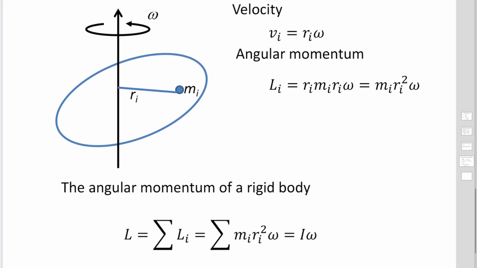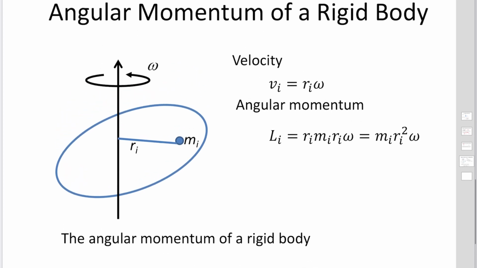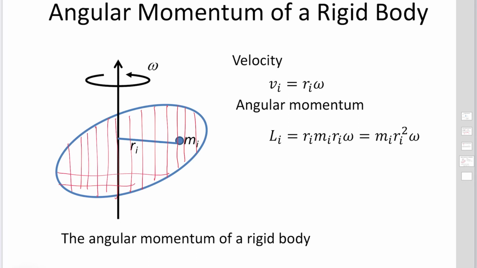Then finally, I'd like to explain the angular momentum of a rigid body. So we consider rotational motion of rigid bodies. Again, we divide a rigid body object into very small pieces. This is the standard method we use when we consider a rigid body object. Then we sum up the small parts.